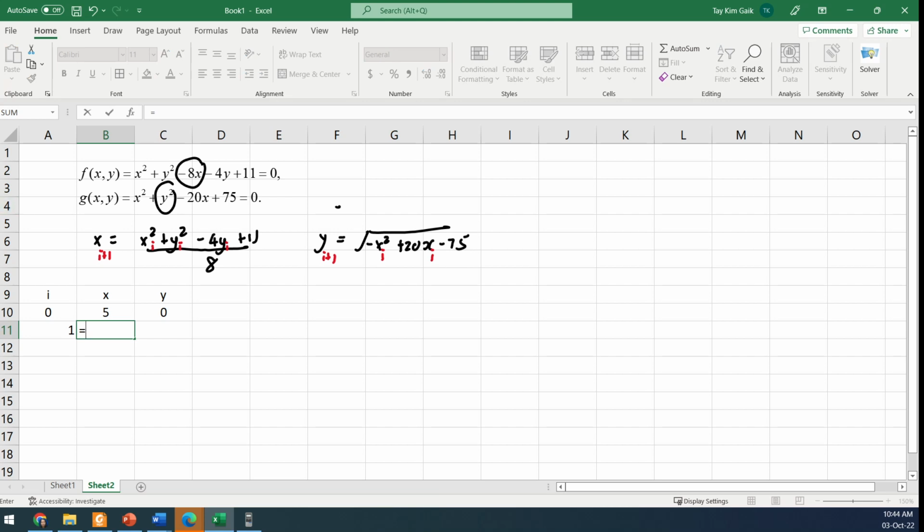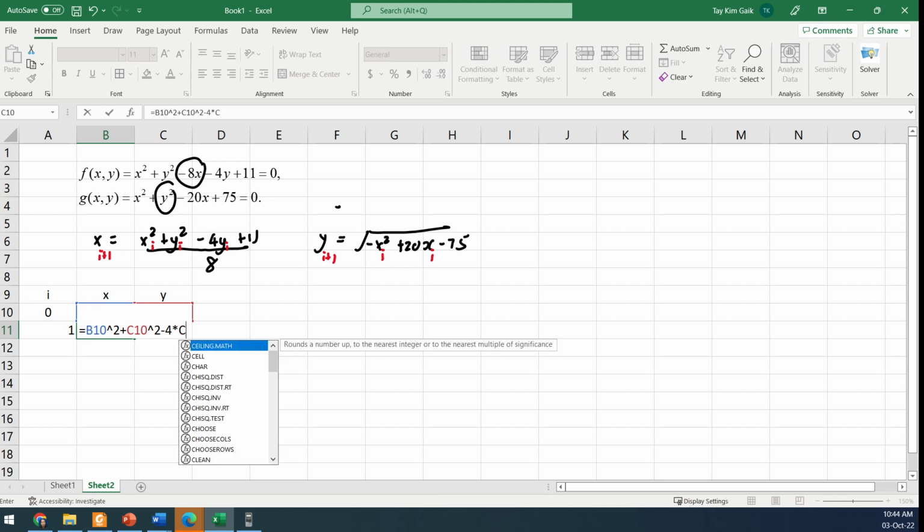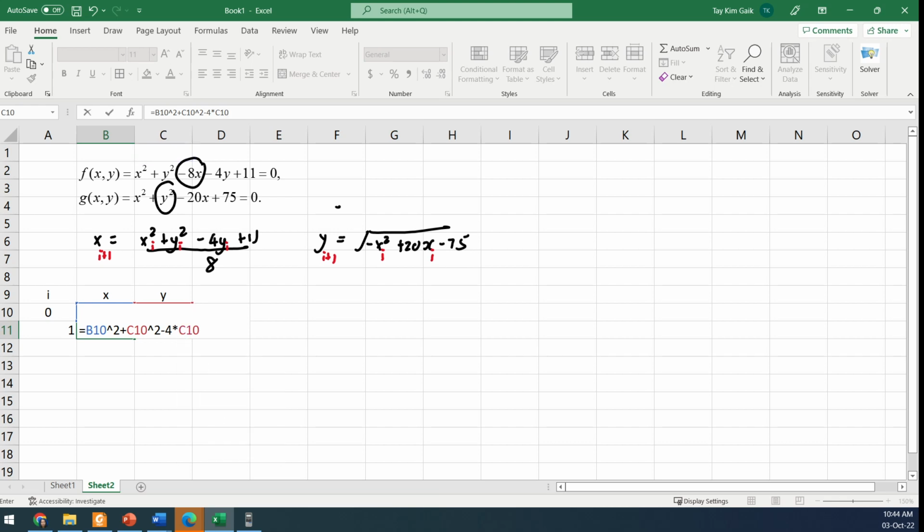Which is x naught squared plus y naught squared. So you click x naught power 2 plus y naught power 2 minus 4 times y, which is C10. Sometimes you cannot click, then you type in C10, plus 11.